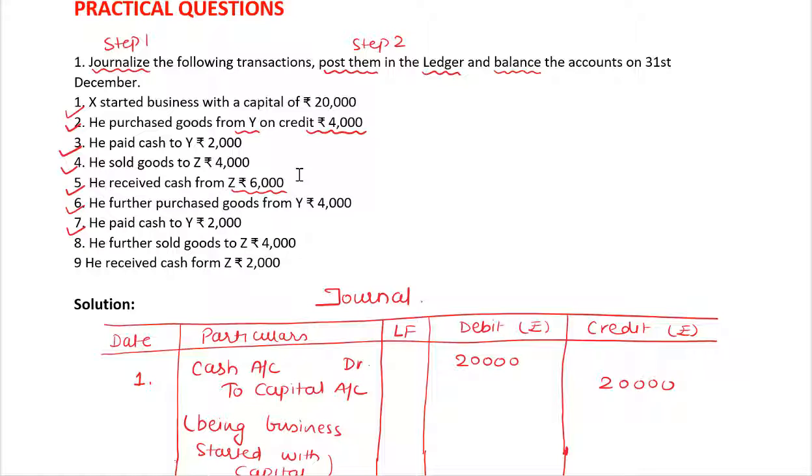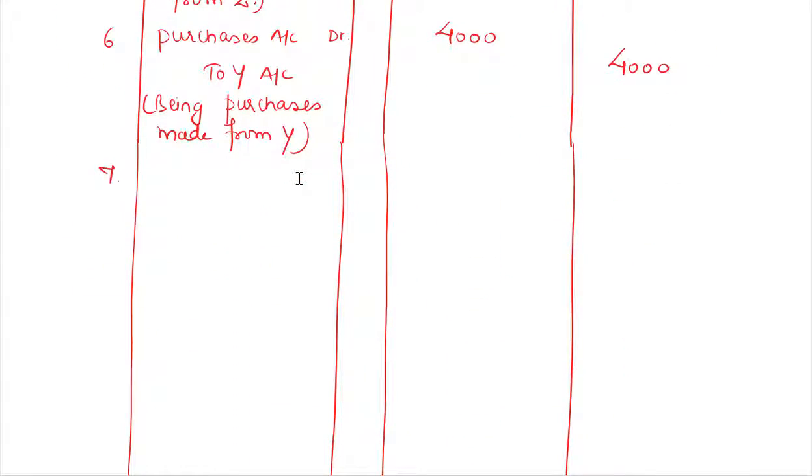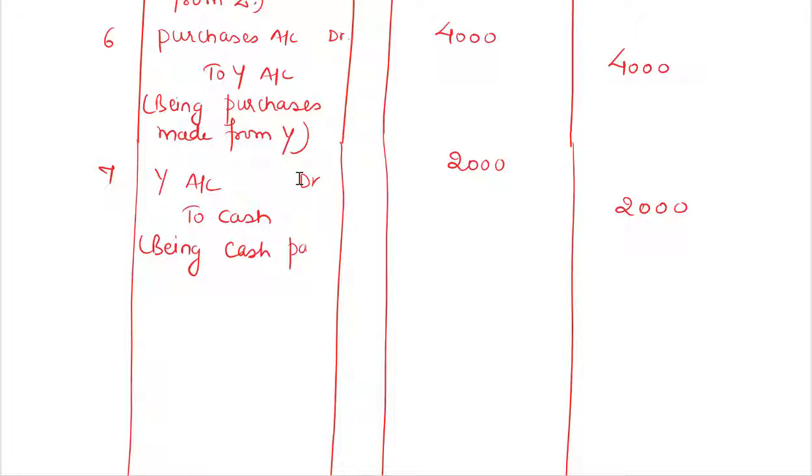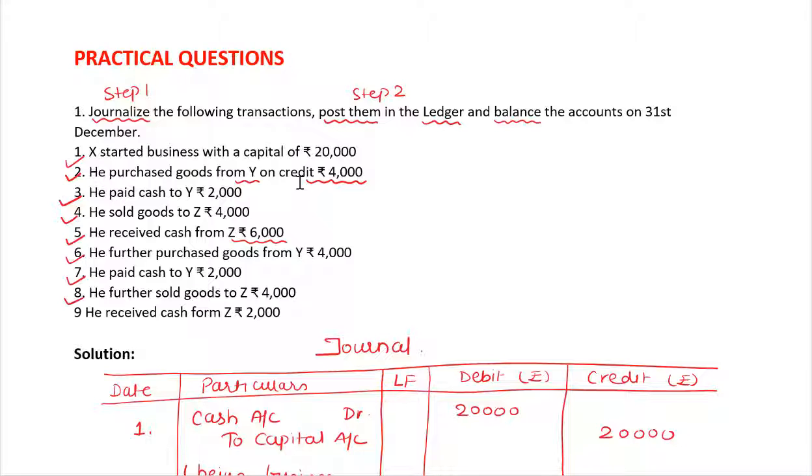Seventh entry. He paid cash to Y, that is 2,000. Who received cash? Y. So Y account will be debited to cash, 2,000, being cash paid to Y. Eighth entry: he further sold goods to Z, that is 4,000.